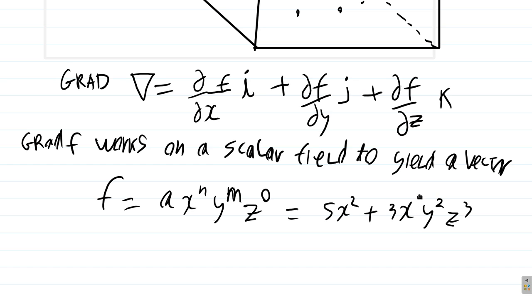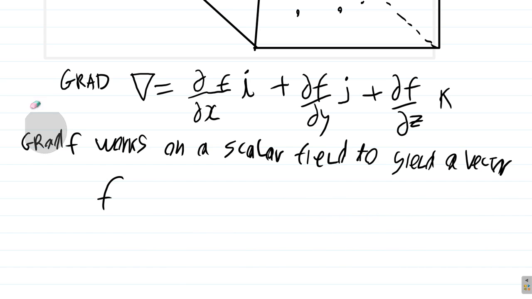Now, that is an example of a scalar function where you can find the gradient of this scalar function. Now, in future videos in this playlist, we're going to look at the divergence, and then the curl, and then we do some examples.